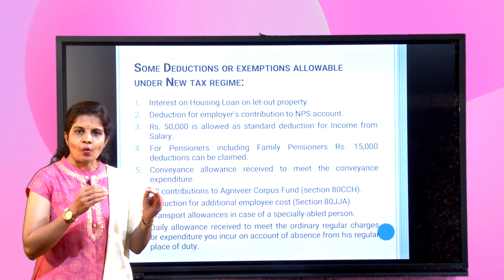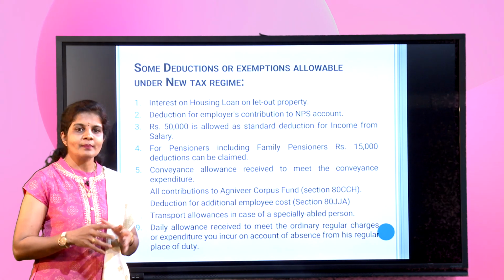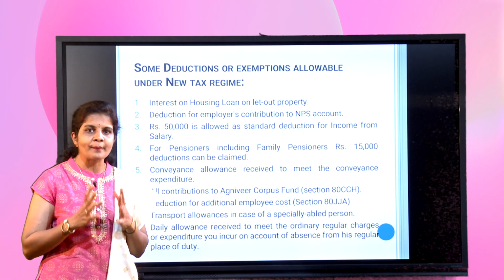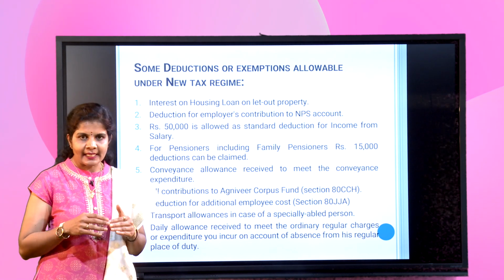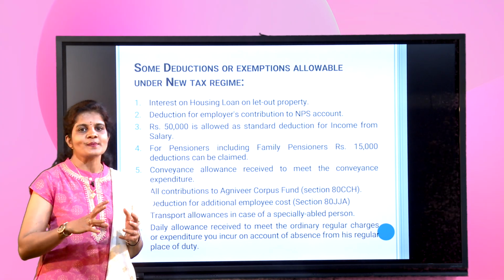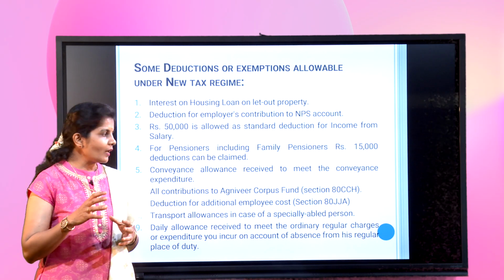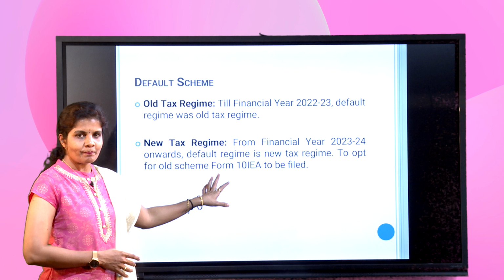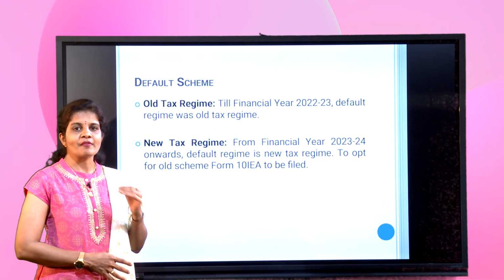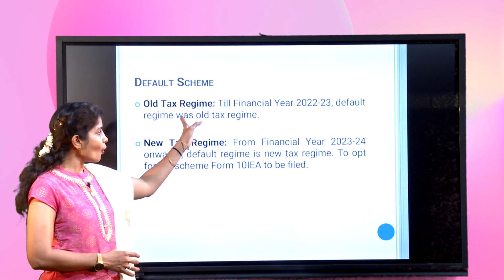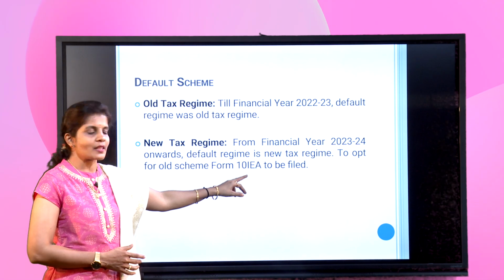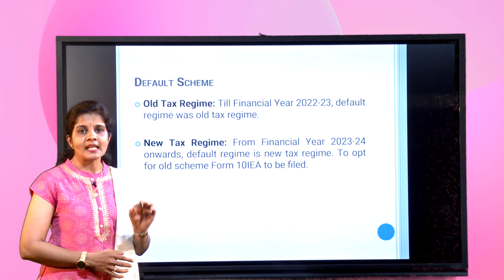Whether we go for the old tax regime or the new tax regime, the new tax regime will be considered by default by an employer, those who deduct the tax or give Form 16 or 16E. But if we want to opt for the old tax regime, then we need to give a declaration in Form 10IEA.